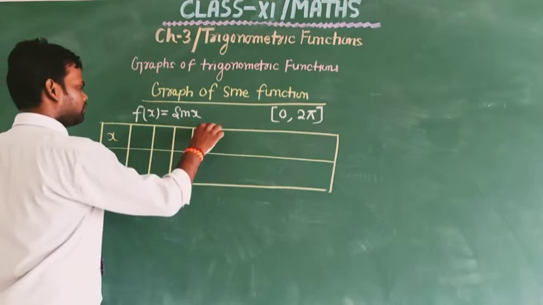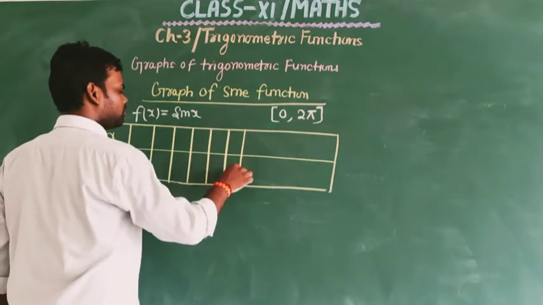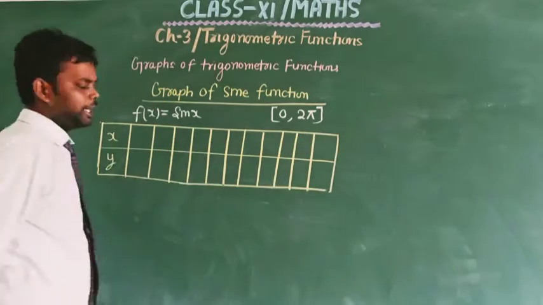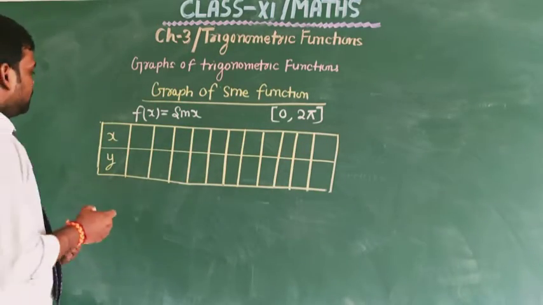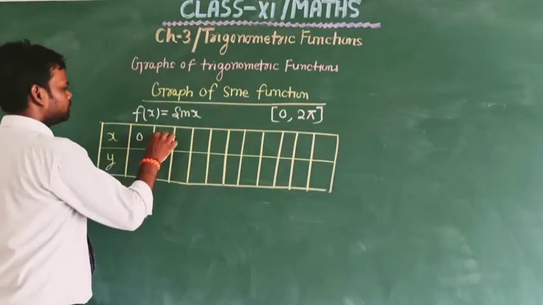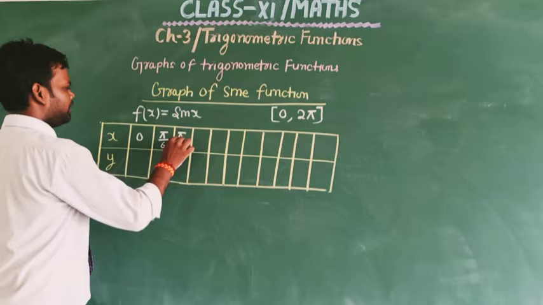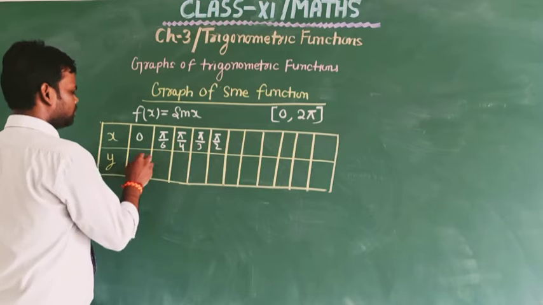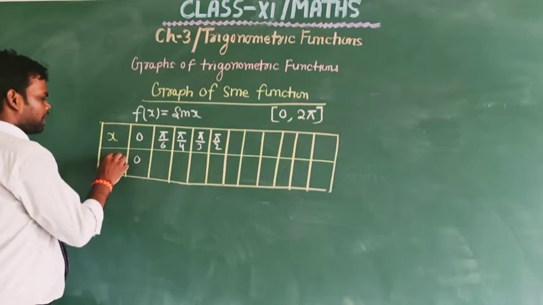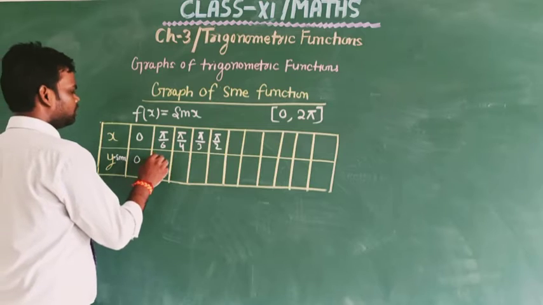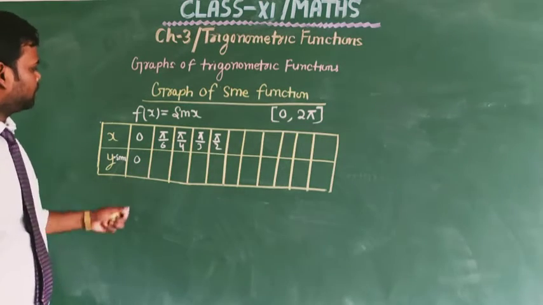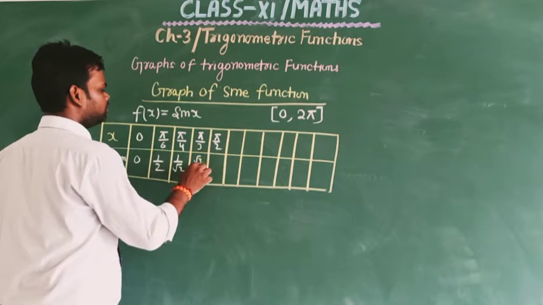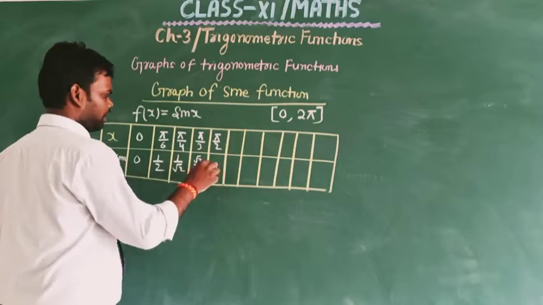So the points are 0, pi by 6, pi by 4, pi by 3, pi by 2. This is y equal to sin x: 0, 1 by 2, 1 by root 2, root 3 by 2, and 1.